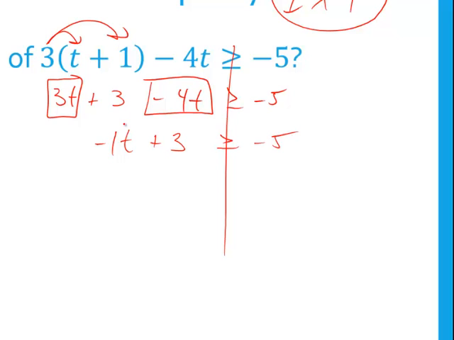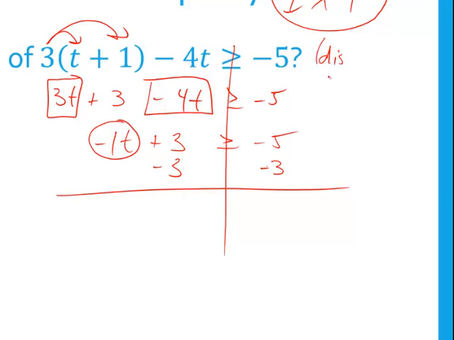Next step, we still need to isolate the t. So circle the term with the t and subtract whatever's next to it. So minus 3. Let me write the rules here. So this was distribute. This was combine like terms.